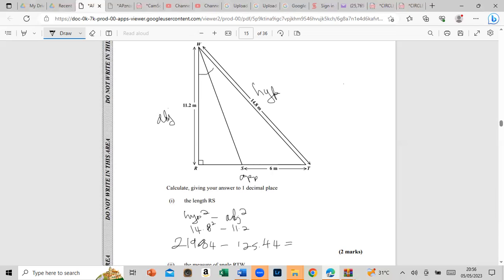It's 219.04 minus that. I have to write it down. Alright, so I'm getting 93.6. So this is 93.6, and now we are supposed to find the square root.